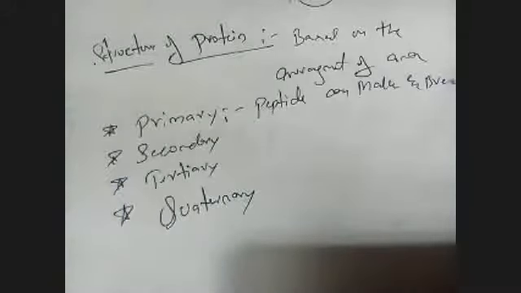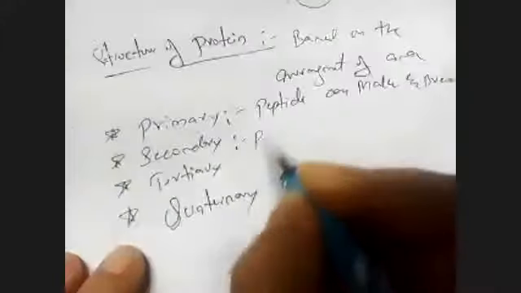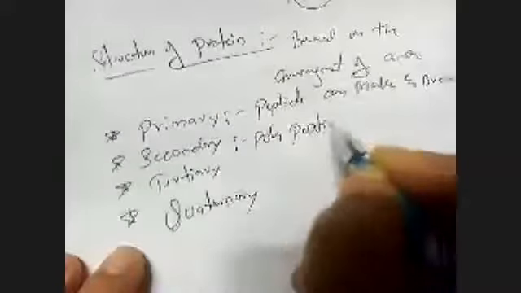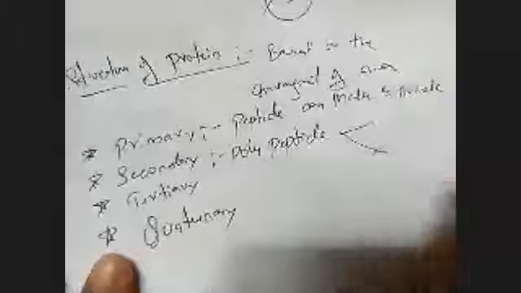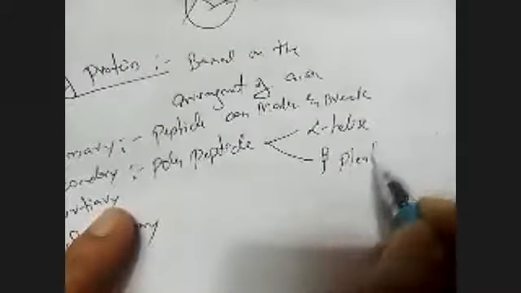This can lead to the formation of polypeptide bonds. So in that we have two types. One is alpha helix, and the second one is beta pleated sheet.